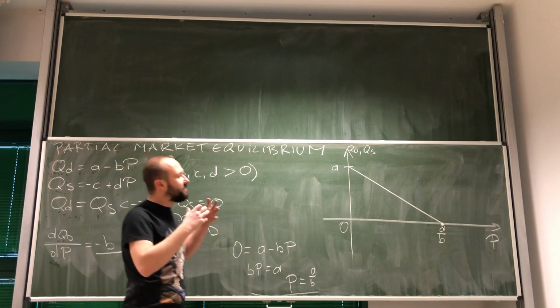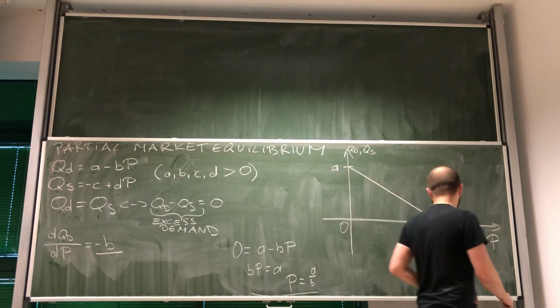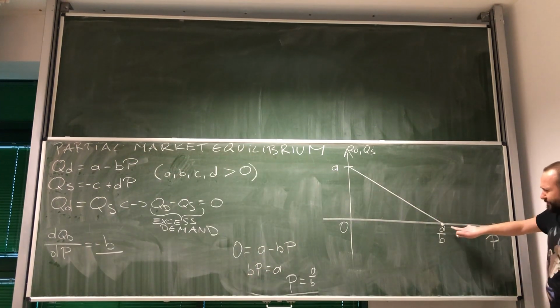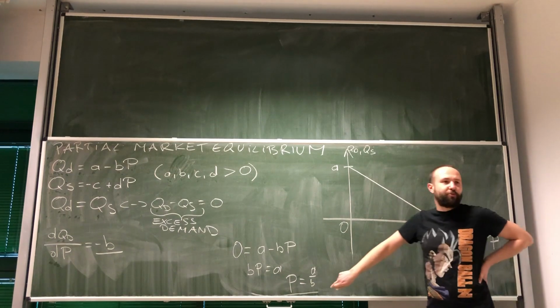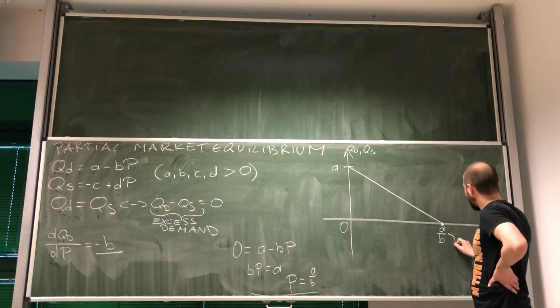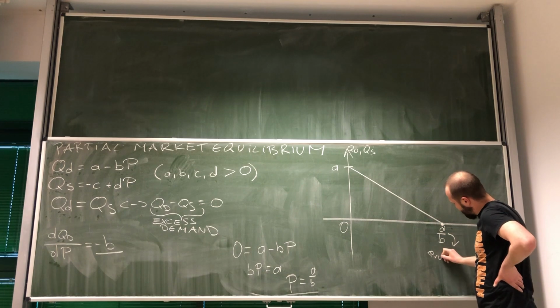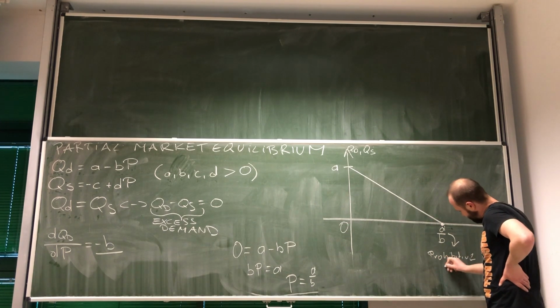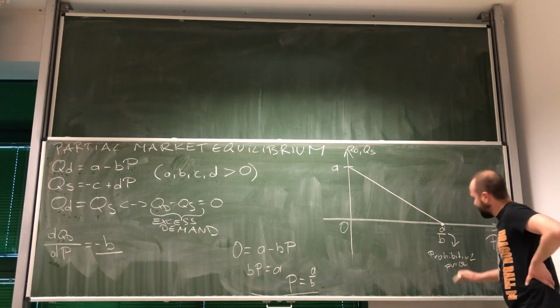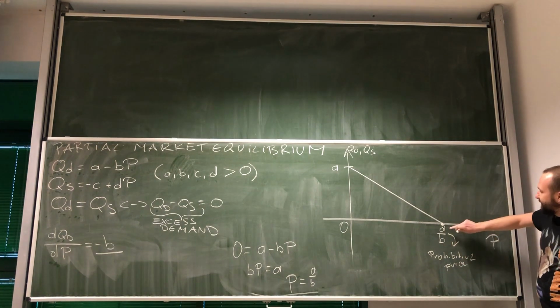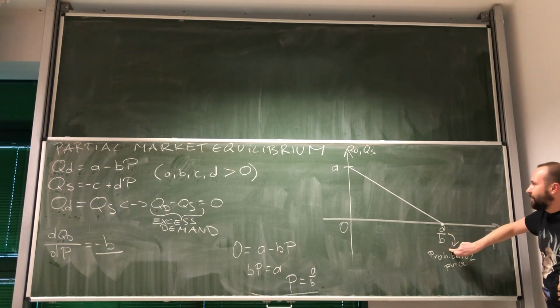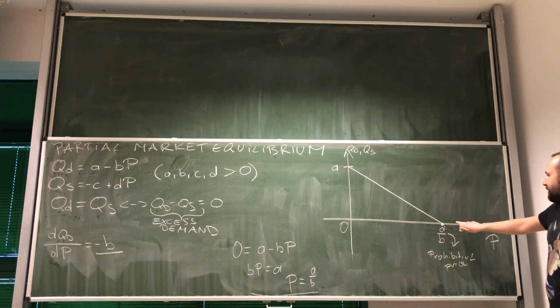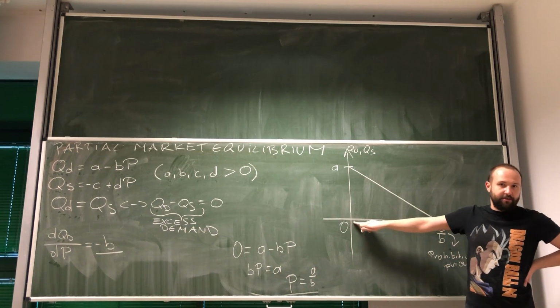Look, what is so specific about this A over B over here? A over B is some price. This is a prohibitive price. If price is as high as A over B, customers stop purchasing the good.